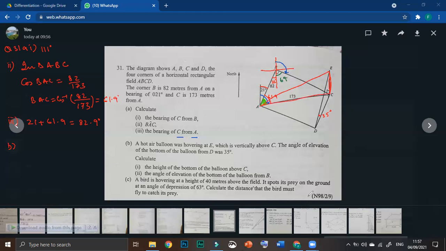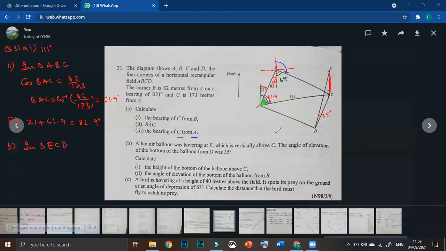This triangle ECA. Why do you want to use this triangle, while the angle of elevation from D is given? E, C, and D. Yes, in triangle ECD.